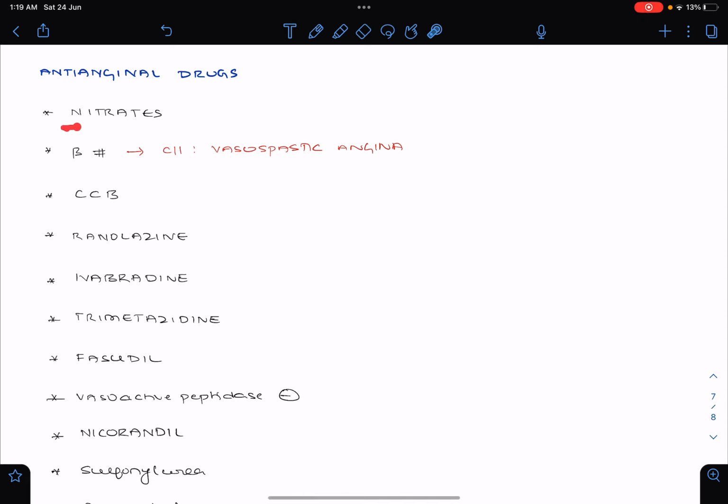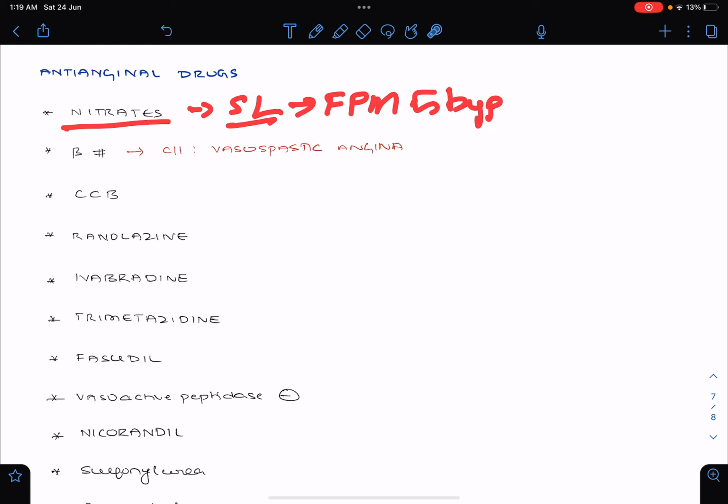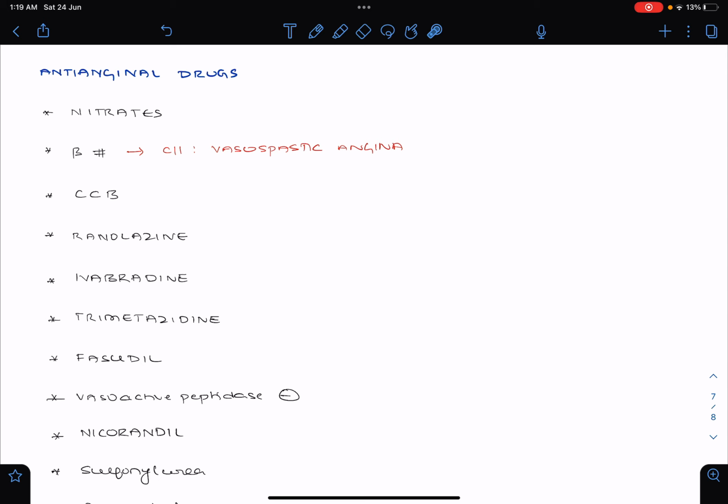So we have nitrites. It is usually given through the sublingual route, so the first pass metabolism is bypassed. We have glyceryl trinitrate, which acts within 1 minute.